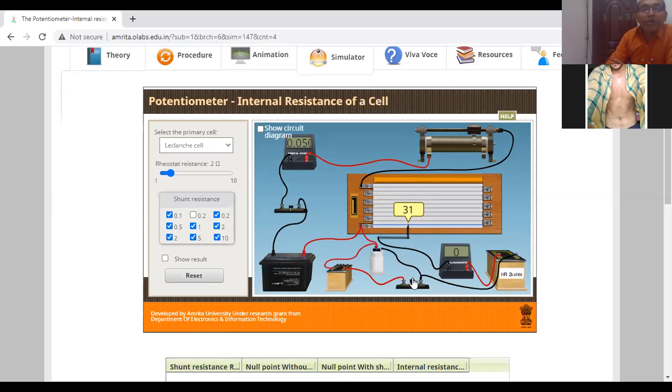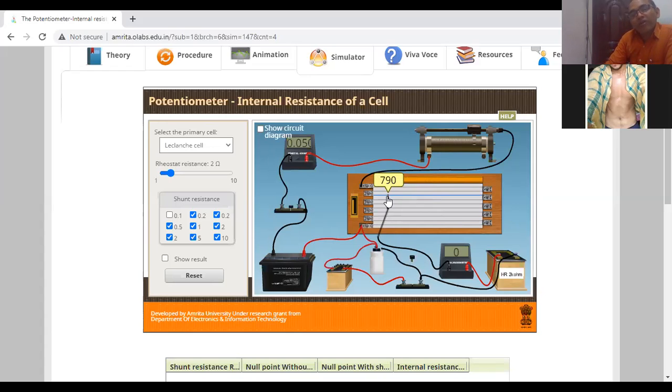So here, remember, by inserting a resistance, just take out this K2 and insert a resistance of 0.1 ohm and then vary the balancing length. Okay, as we find negative here, so 790 cm is the balancing length L1.